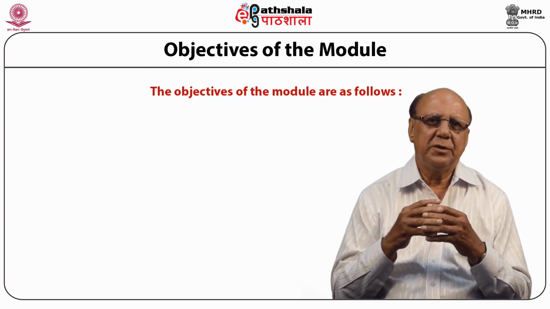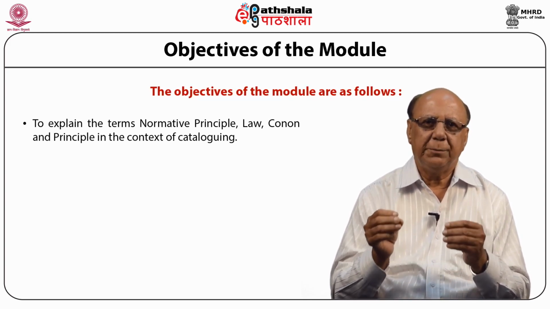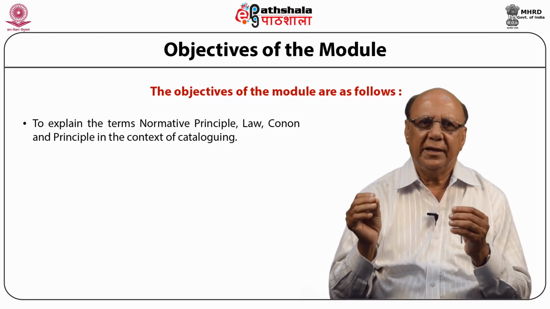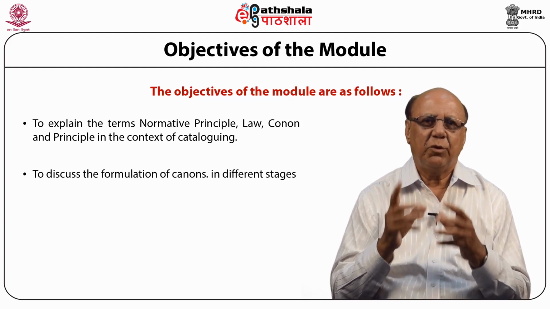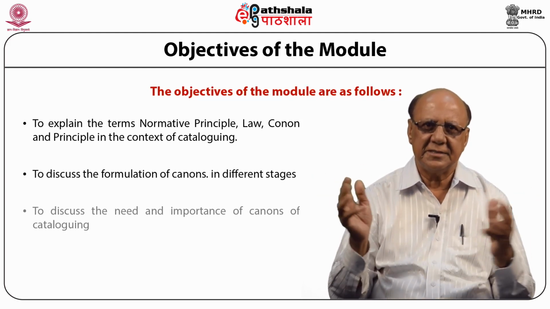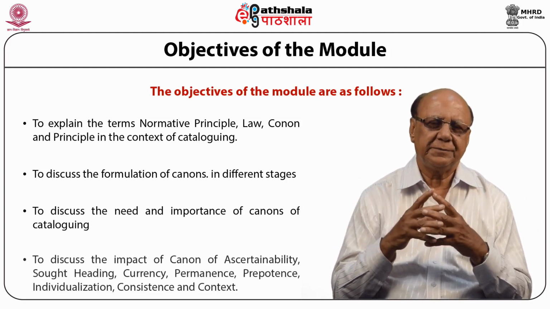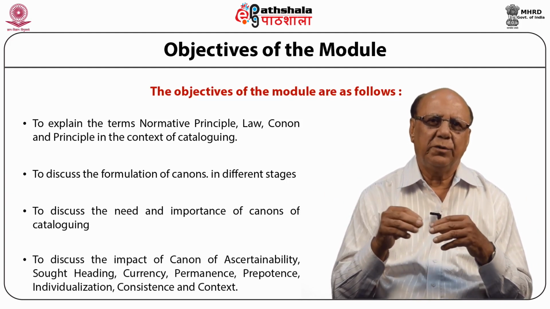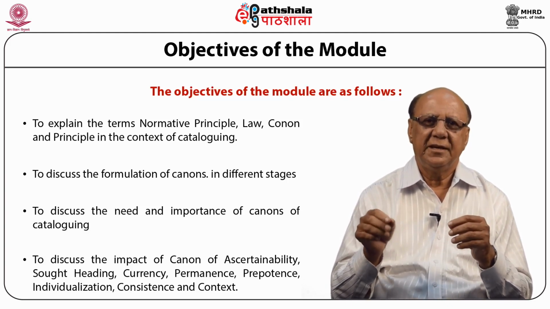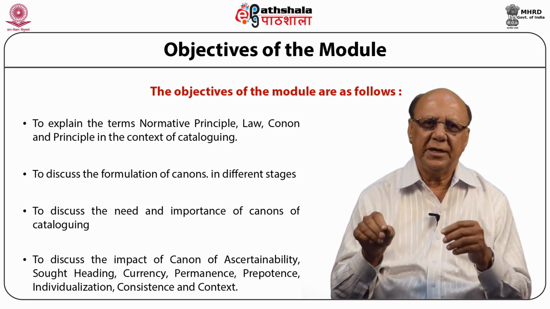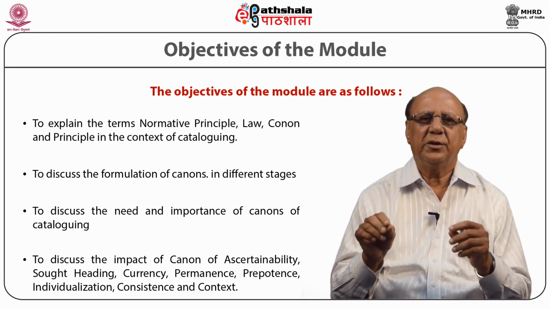The objectives of the module are as follows: to explain the terms normative principles, law, canon, and principle in the context of cataloging; to discuss the formulation of canons in different stages; to discuss the need and importance of canons of cataloging; to discuss the impact of Canon of Ascertainability, Canon of Short Heading, Canon of Currency, Canon of Permanence, Canon of Prepotence, Canon of Individualization, Canon of Consistency, and Canon of Context.